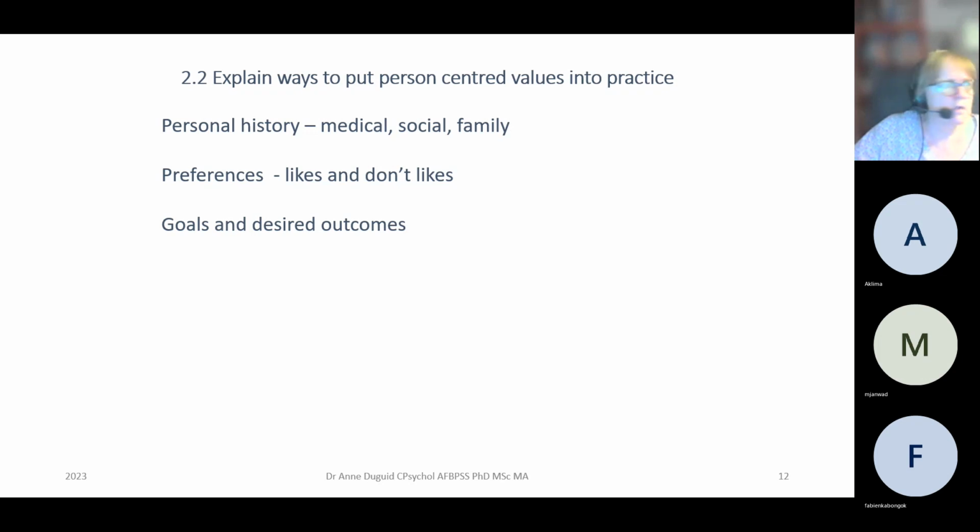Are we trying to increase their independent living skills? So do we want to support them learning how to do their own shopping? Do we want them to learn how to wash their own clothes? There's a whole range of desired goals or outcomes that we're trying to achieve.